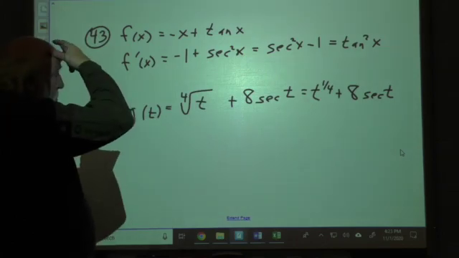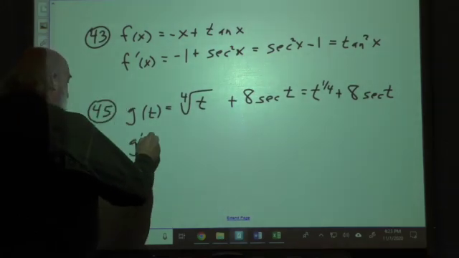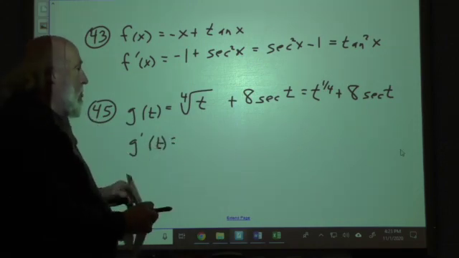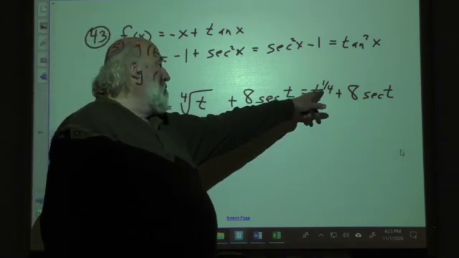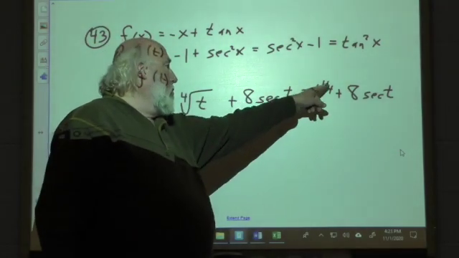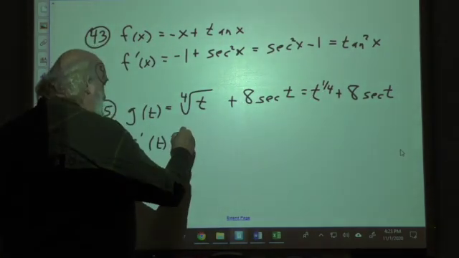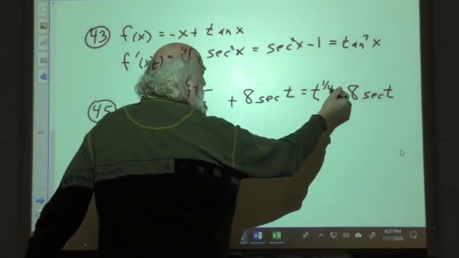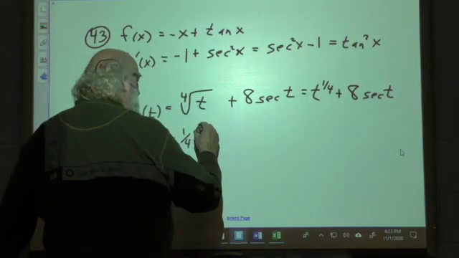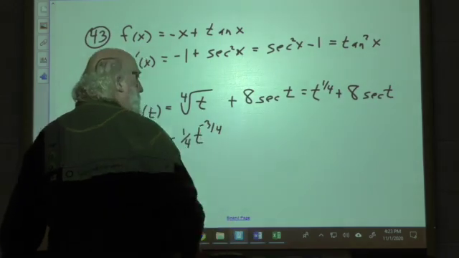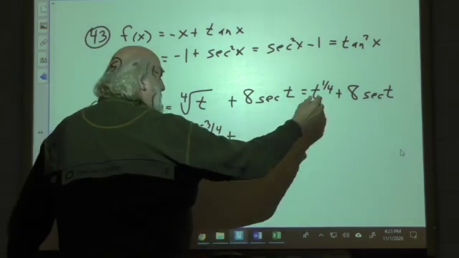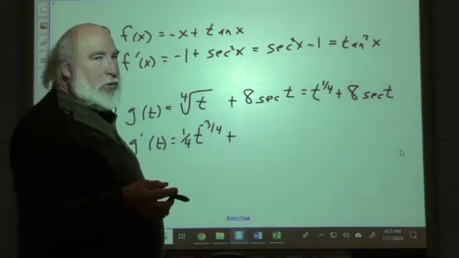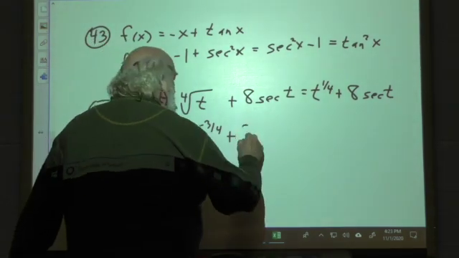All right, so now we're going to take the derivative of that. First of all, we take the derivative of this, and you put a 1/4 in front of the t, and then you subtract 1, which is 4/4. 1/4 minus 4/4 is negative 3/4. Plus, now 8 is multiplying. Even though it's a constant, it's multiplying, so we don't do anything outside, just put it in front.